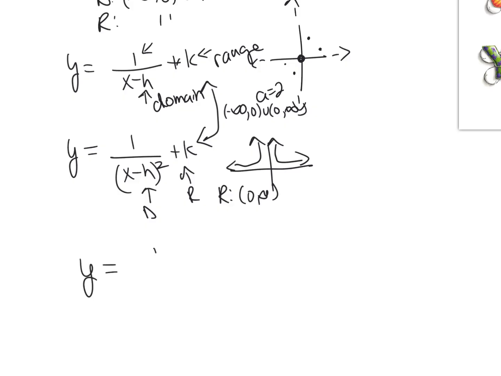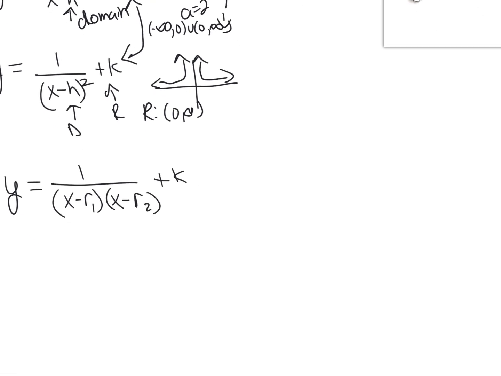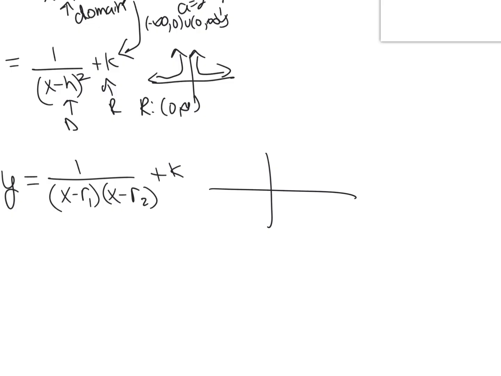And we did y equals 1 over x minus some r value, x minus some r value, plus k. So now we ended up with 2 asymptotes. And say a was greater than 0, then that meant this would be up here, and this would be here. And this is assuming k is equal to 0 at this point.